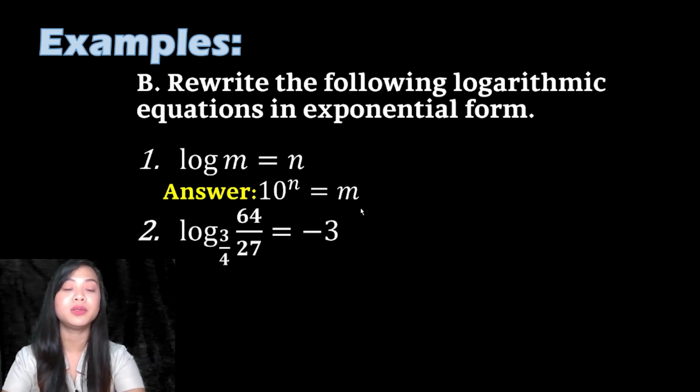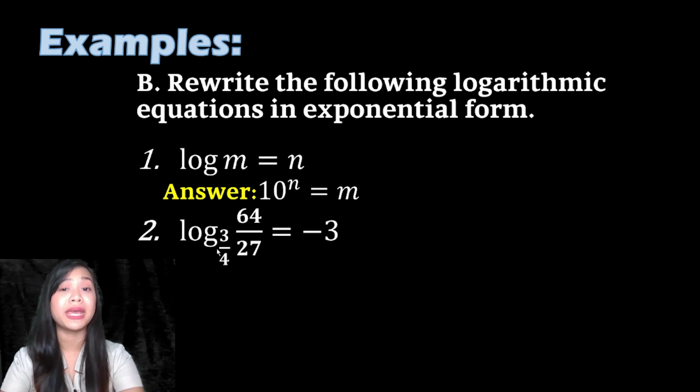Second example, we have log base 3 over 4 of the power 64 over 27 equals negative 3. Our exponent is negative 3 and the base is 3 over 4. When we raise 3 over 4 to negative 3, the answer will be 64 over 27.